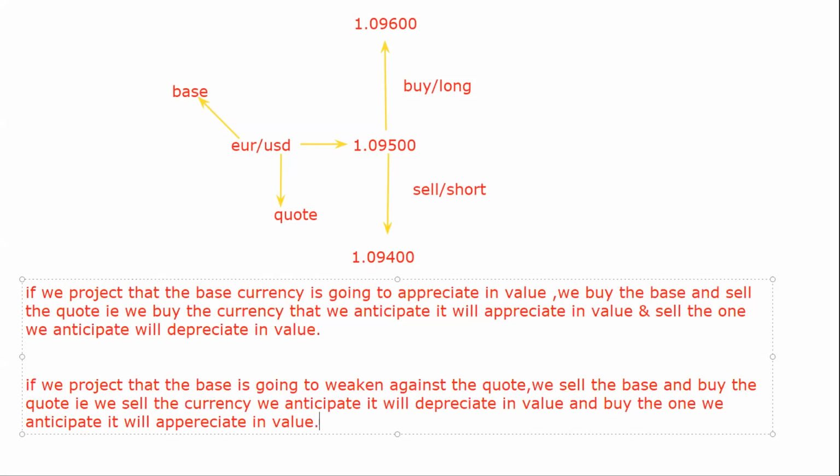By doing so, when you are trading on the CFD market, you are able to trade both ways just by predicting the direction the market is going to take, whether it's going to go up or go down.